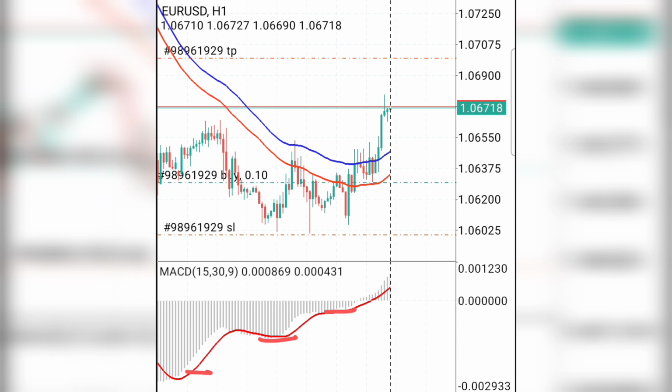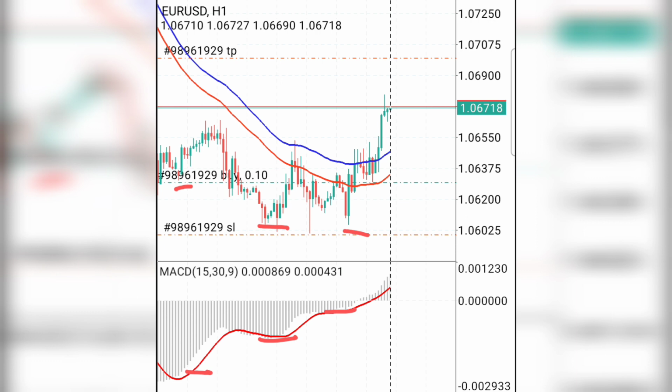And then you can see here, we've got a low here, we've got a low here, and then we've got a low here. So you can see that the price is making lower lows, and the oscillator, the MACD, is making higher lows.